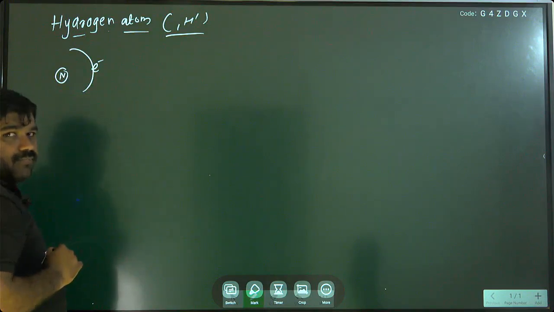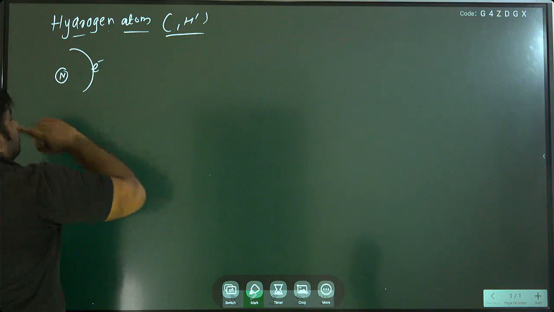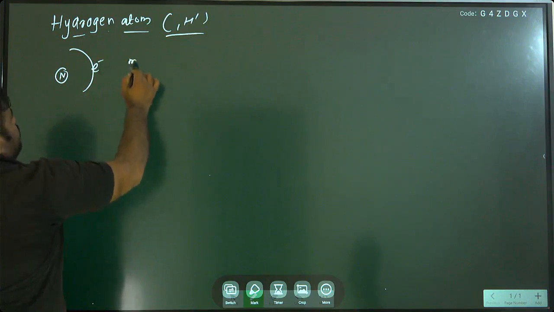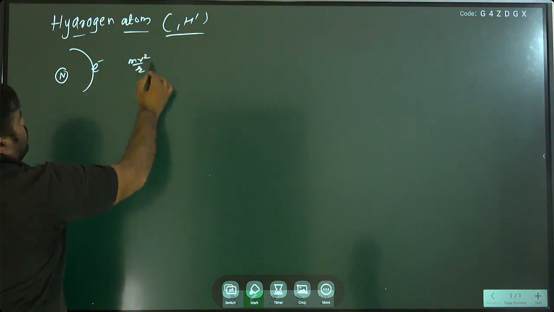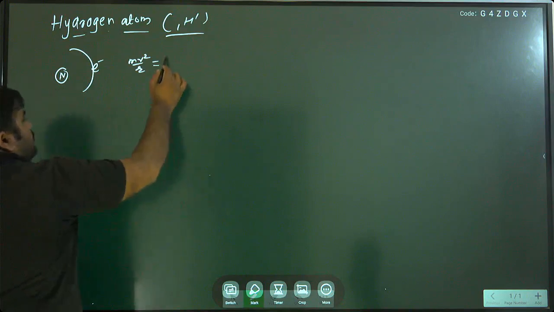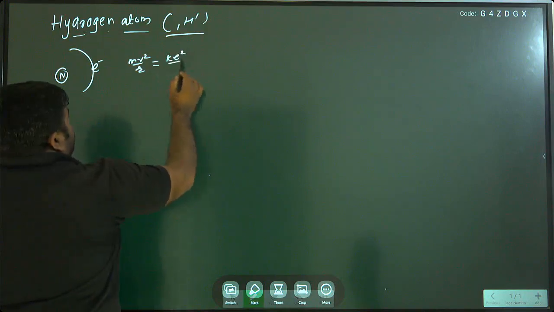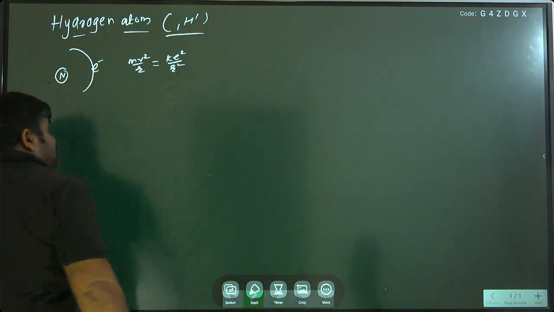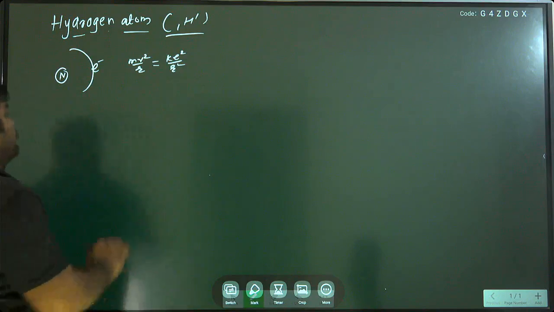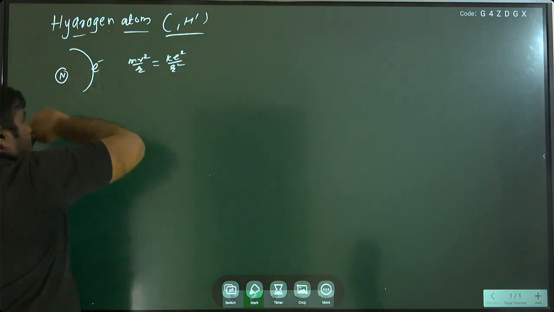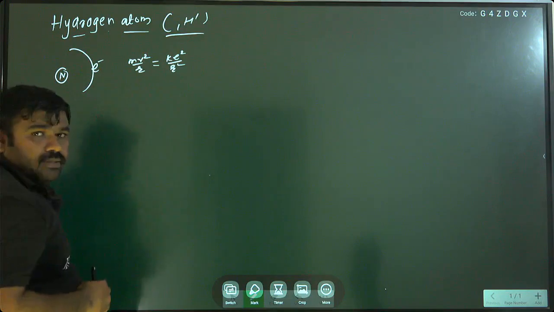The centripetal force m v square upon r is equal to k e square upon r square. This means the electron is moving in a circular orbit. This is the first Bohr postulate.